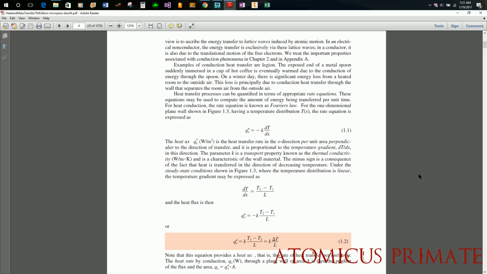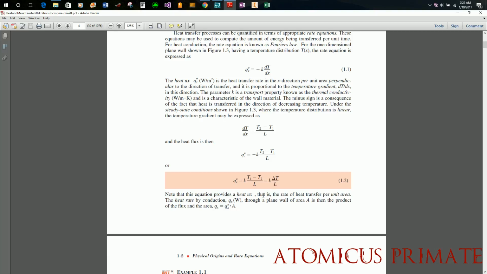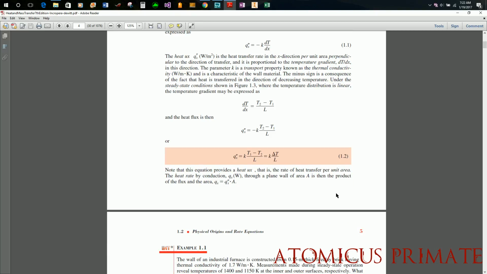Under the steady state conditions shown in figure 1.3, the temperature distribution is linear, and the temperature gradient may be expressed as dT/dx equals delta T over L. And the heat flux is then q double prime sub x equals minus k times delta T over L. Note that this equation provides a heat flux, that is the rate of heat transfer per unit area.